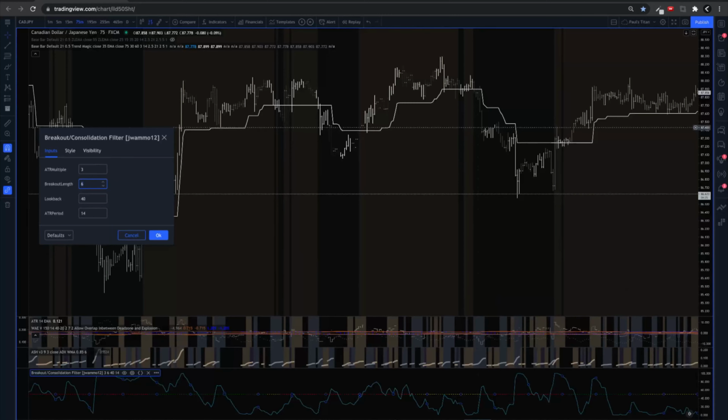Okay, so that's not a bad entry actually, even here. This is the best one for sure, but it does read me in consolidation, and technically we are kind of in a ranging market.